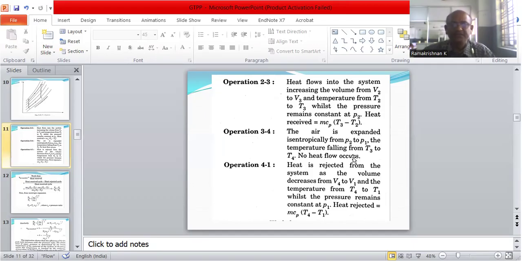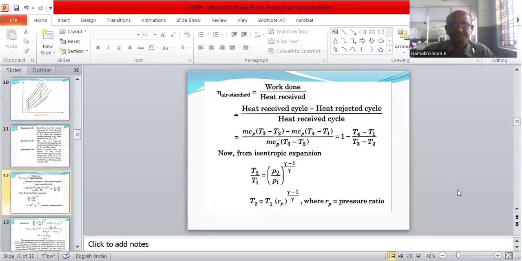Again, 3 to 4 is expansion in the turbine, so the pressure drops isentropically from P2 to P1. Here, 4 to 1 is the heat rejection at constant pressure, so the volume decreases from V4 to V1. The heat rejected is m Cp into (T4 minus T1).